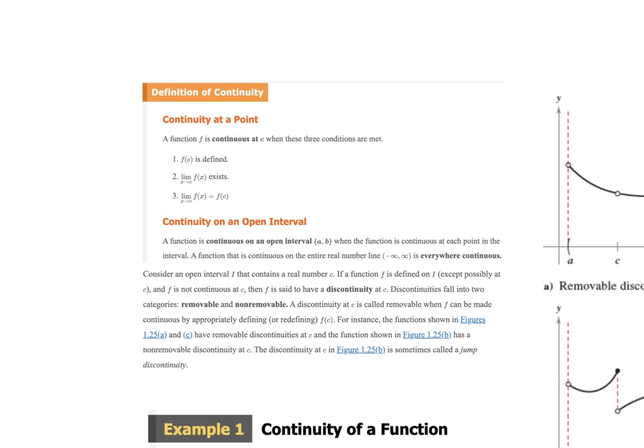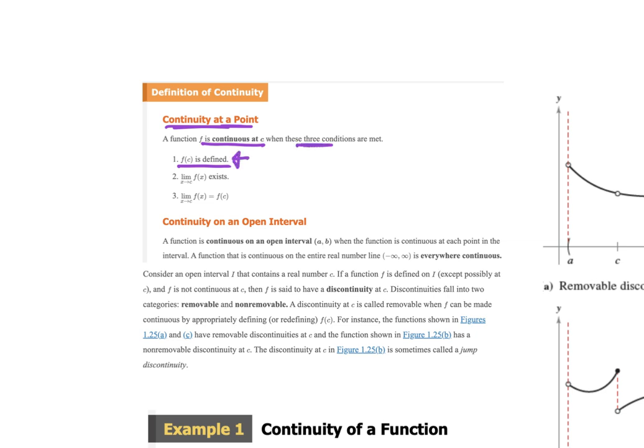So here's our definition of continuity at a point. And we're going to use those three types of discontinuities that we saw on the last page to give us the conditions of when it is continuous at c. So f of c is defined. Now, all three of these conditions have to be met.